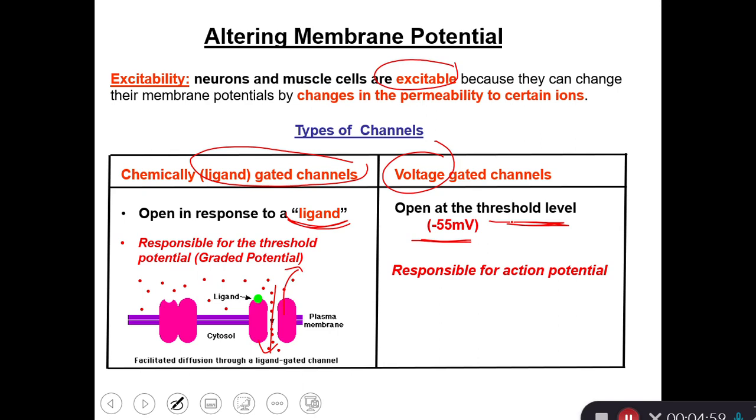The ligand-gated channels are responsible for what we call graded potential, and the voltage-gated channels are responsible for the action potential. For an action potential to happen, a graded potential must happen first, getting the membrane to the threshold, which is minus 55 millivolt, and here the voltage-gated channels can open, leading to the action potential.